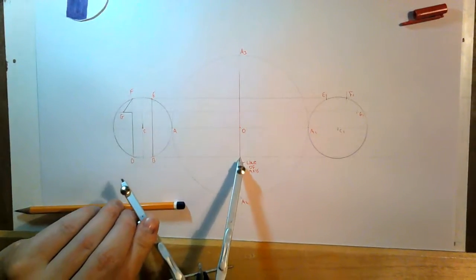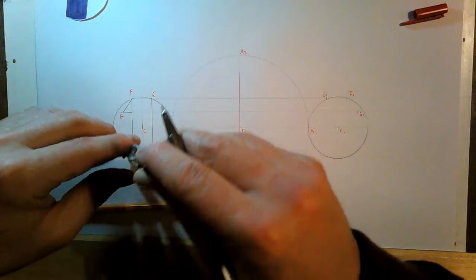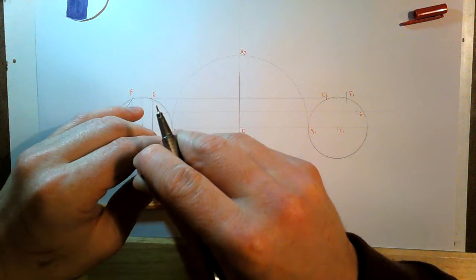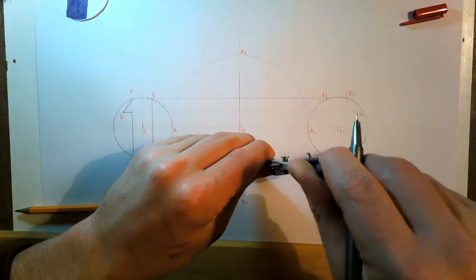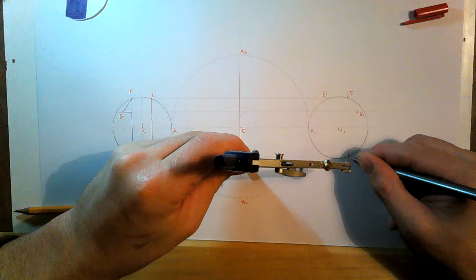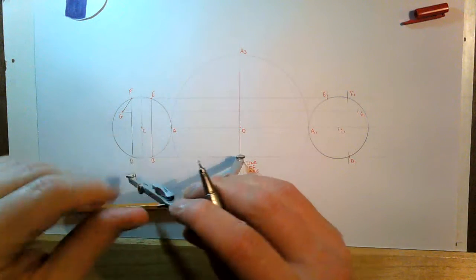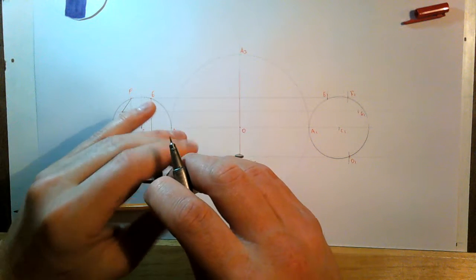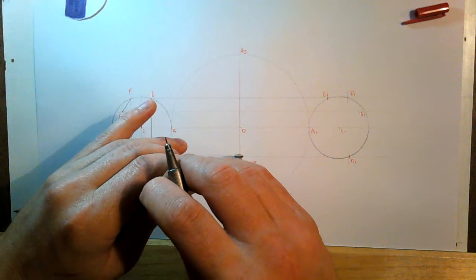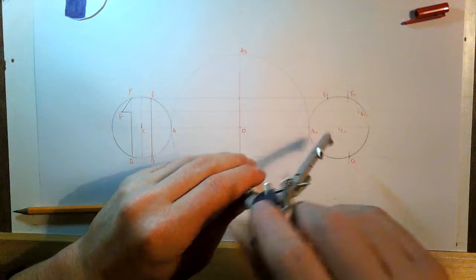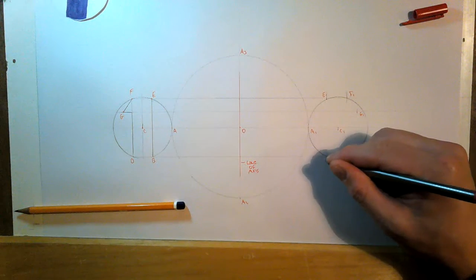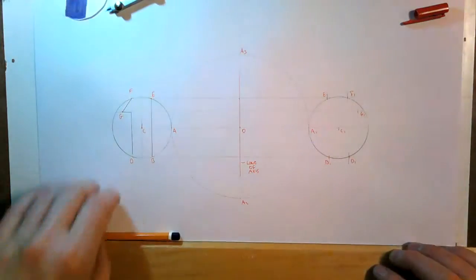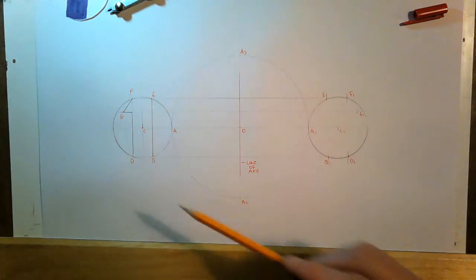So D1 and B1. Okay, so from looking at that, we can start joining the points.